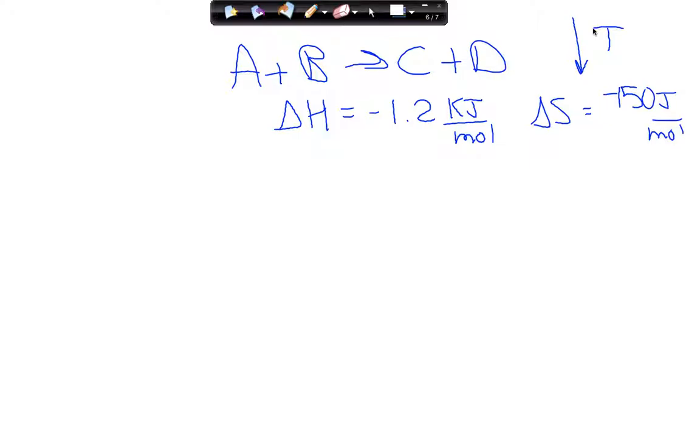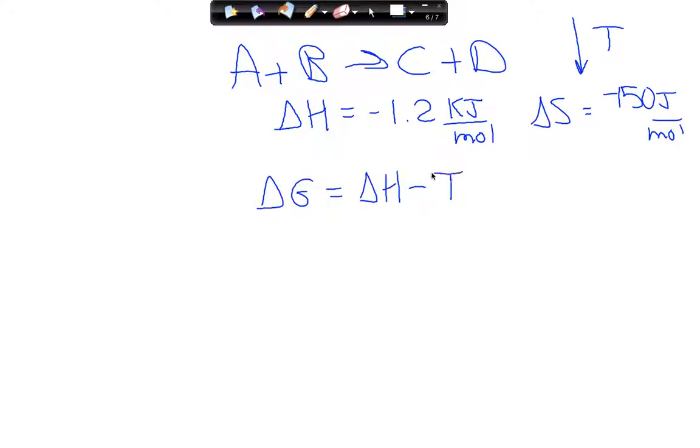That's equilibrium. And so guys, when we say low, we mean lower than the temperature of equilibrium. That's the switching point. Or if this was spontaneous at high temperature, it would be higher than the switching point. So what we need to do is figure out what that temperature is. Write this down with me.